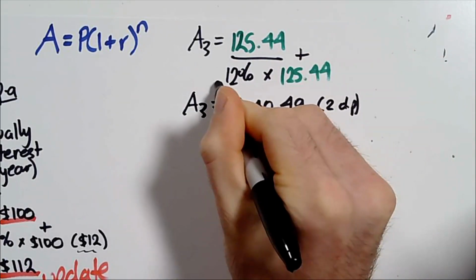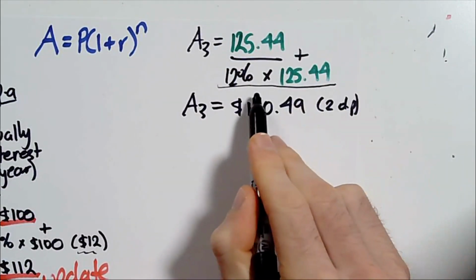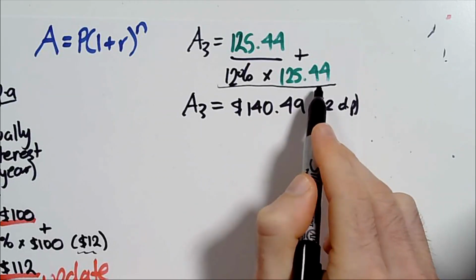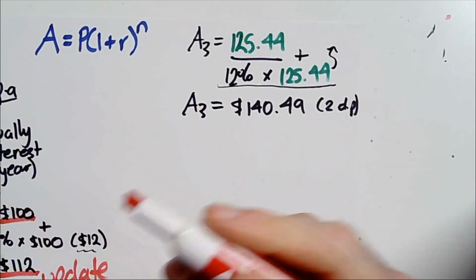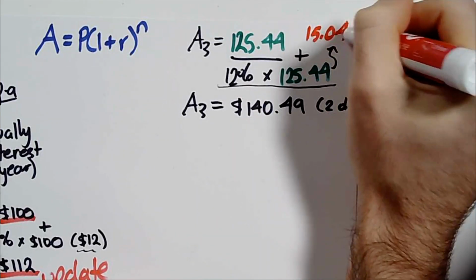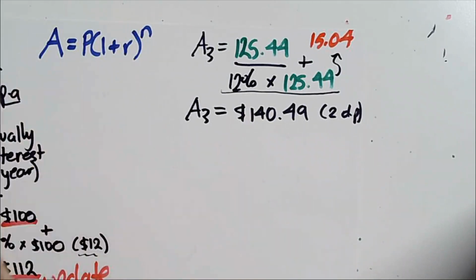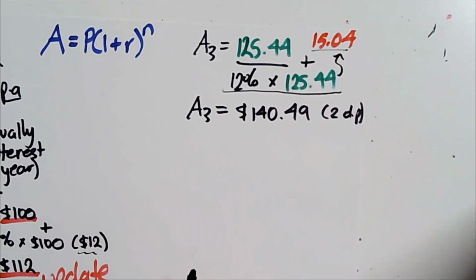Okay, because the amount of interest here, and this is worth noting, the amount of interest here, which is given by 12% times 125.44, that amount is actually the highest amount of interest so far. Now we get $15.04 to 2 decimal places.